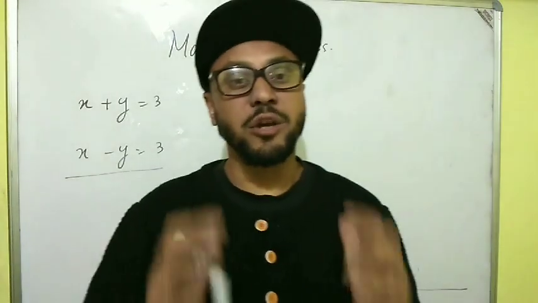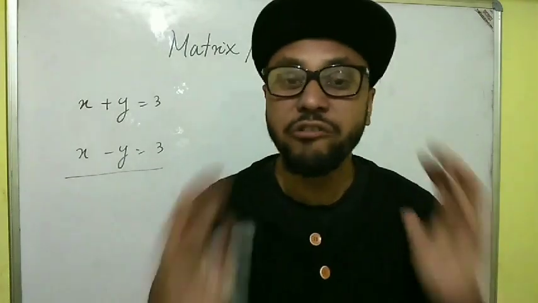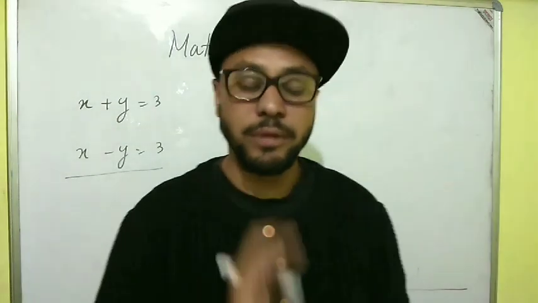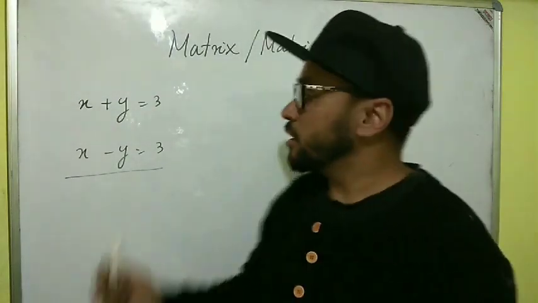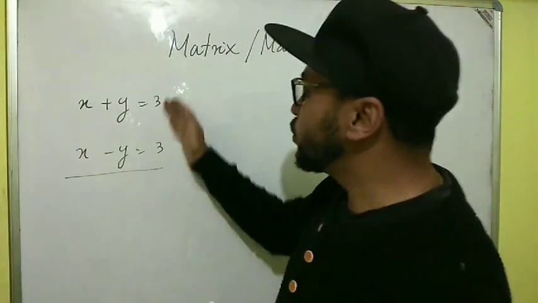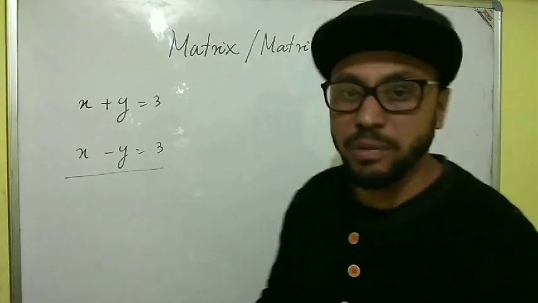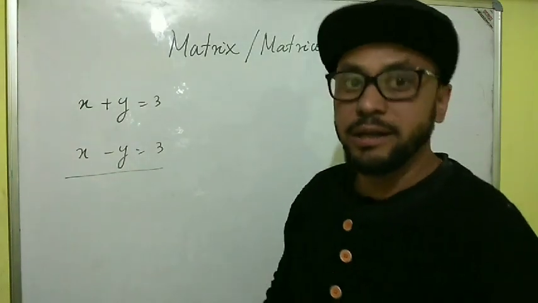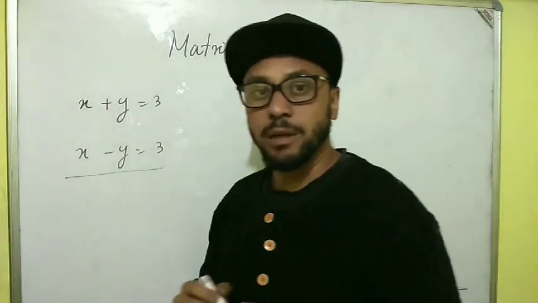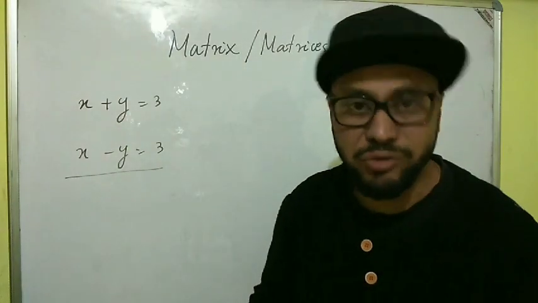Now, what is a matrix? A matrix is nothing but an arrangement of numbers in a kind of box. Let me explain with an example. If you look at this simultaneous equation, we can easily use the elimination method to find the value of x and y. But how will you find the value of the variables by using the matrix method?